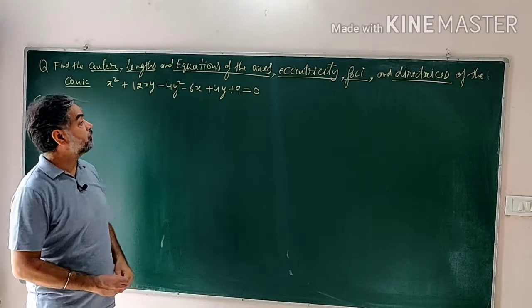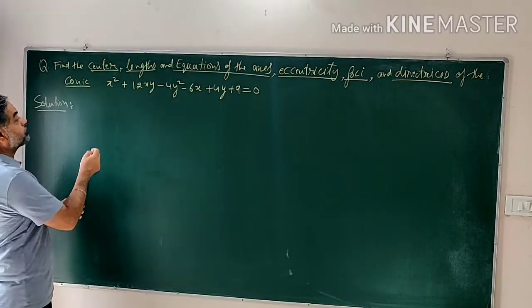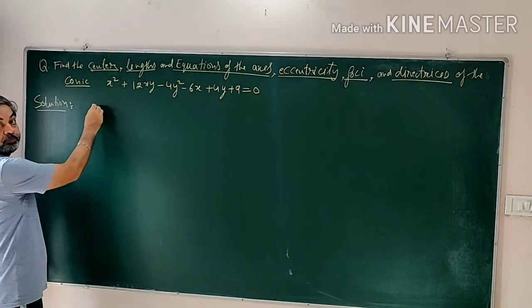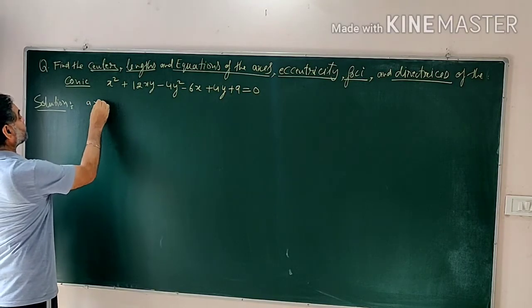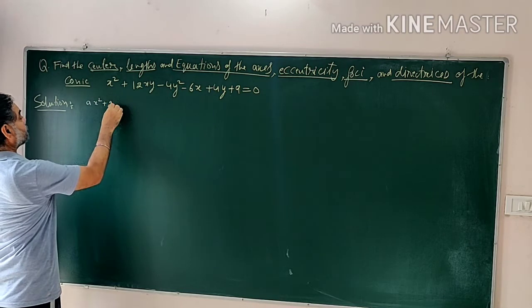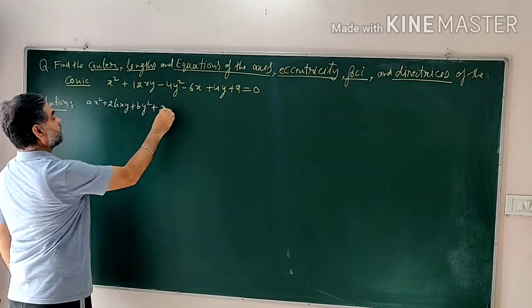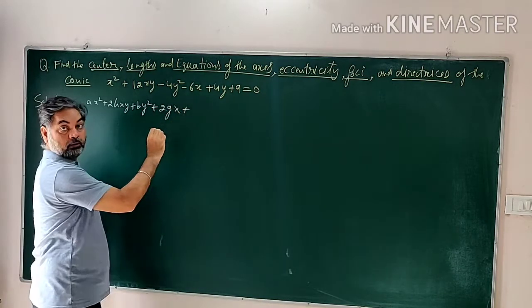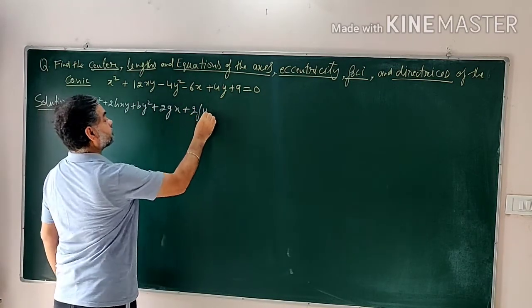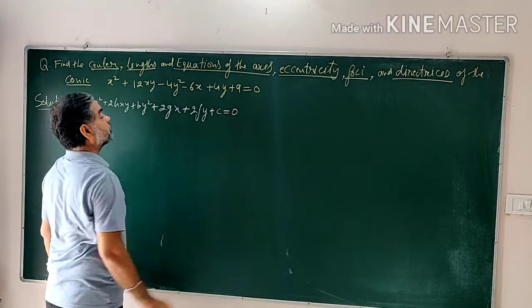So how do we go about this? First of all, we compare this equation with ax square plus 2hxy plus by square plus 2gx plus 2fy plus c equal to 0.